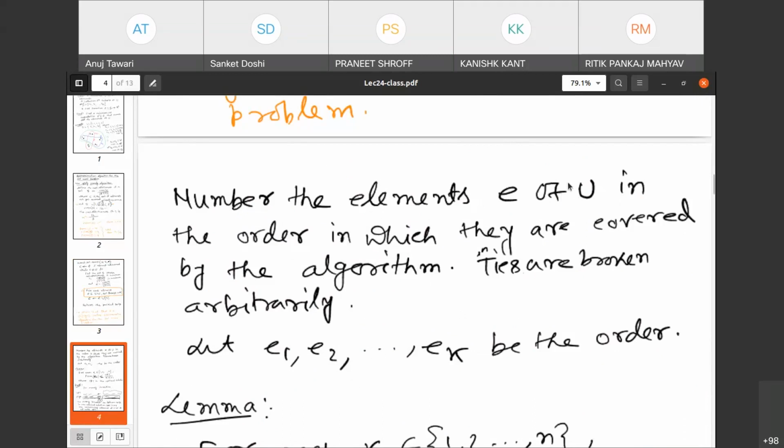In this ordering, whichever elements are first covered in our chosen subsets will be ordered first, and you break ties arbitrarily. Let's look at the kth element in this ordering. That is what we call Ek.